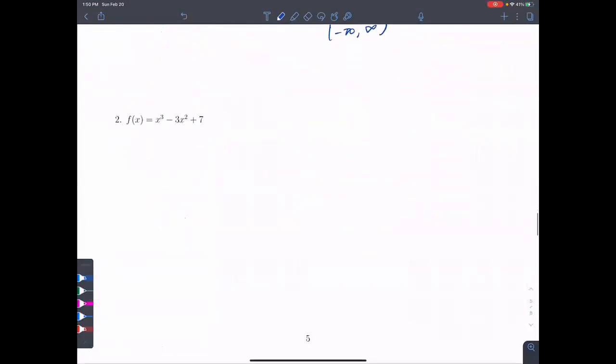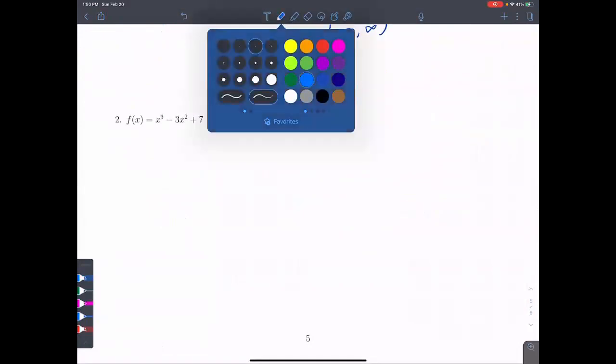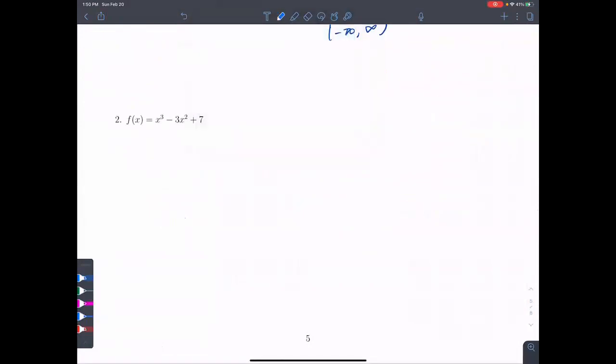Okay, number 2, we have x cubed minus 3x squared plus 7. So f prime of x is 3x squared minus 6x plus 7 plus 0, my bad. And then f double prime of x is 6x minus 6. So we're going to set this equal to 0 and solve.